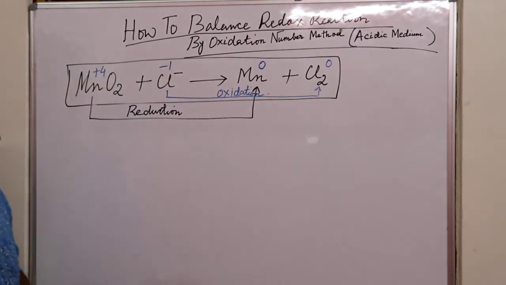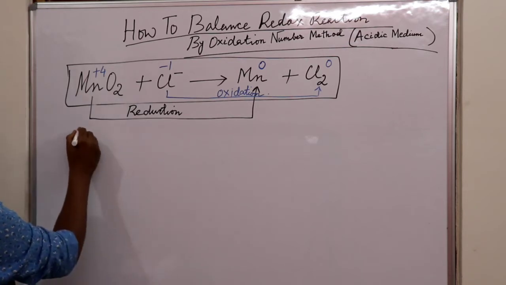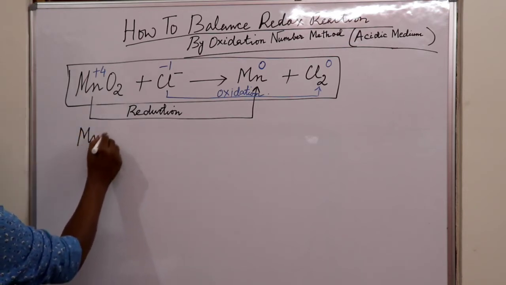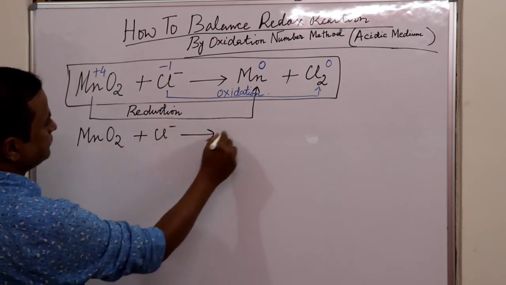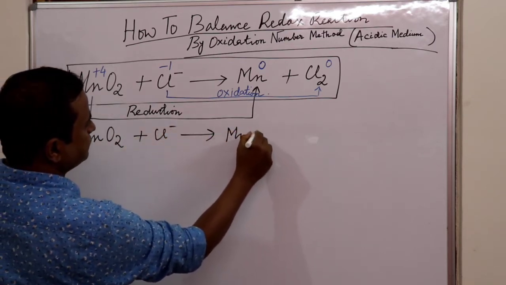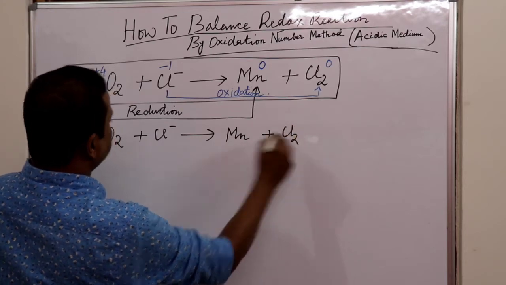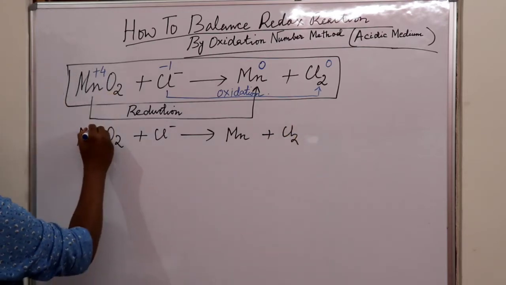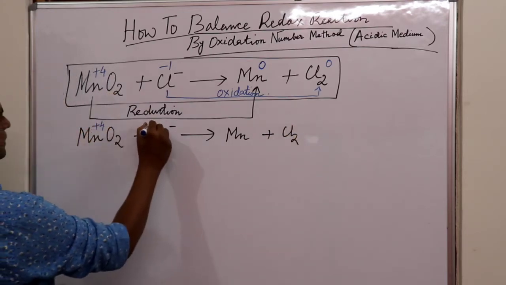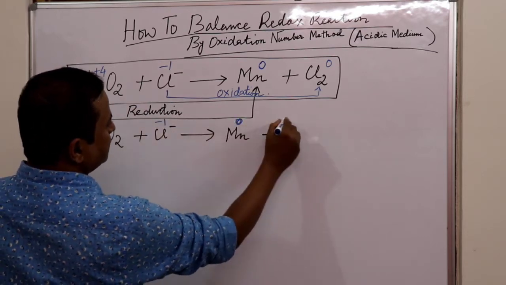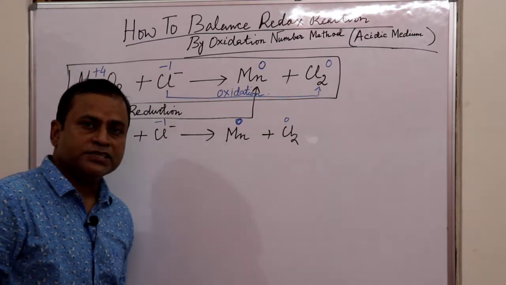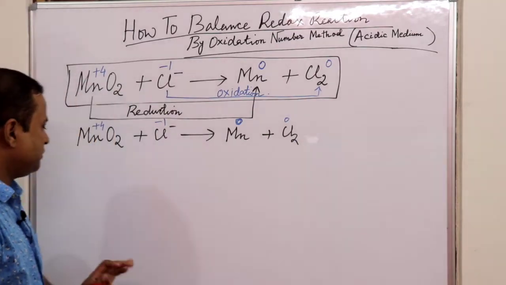So we have checked. Now in the next step, what we have to do? We will write this equation again, plus Cl2, and see whether the elements that are undergoing change in oxidation number are balanced on both sides of the equation or not. Let us check manganese.